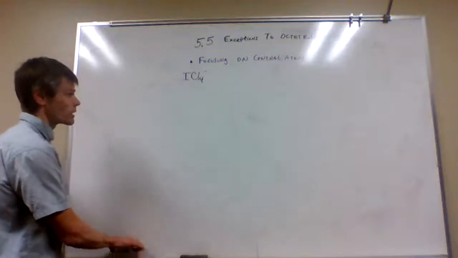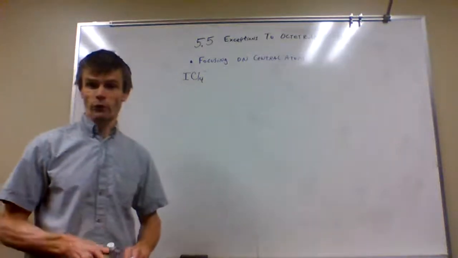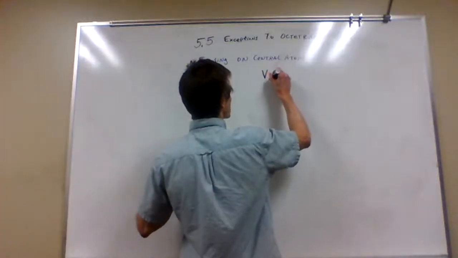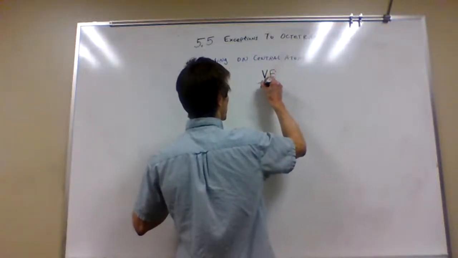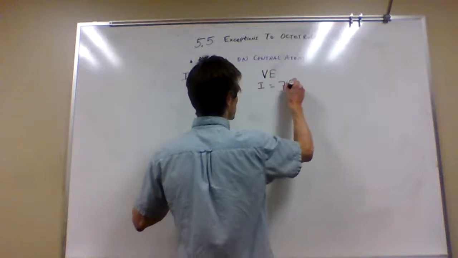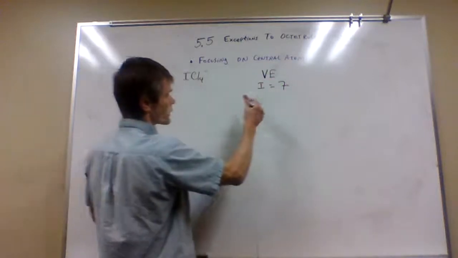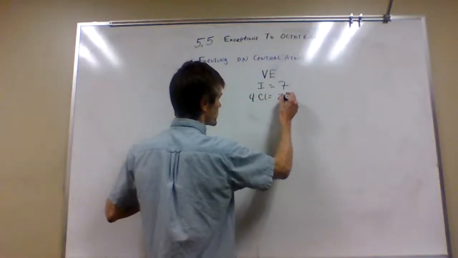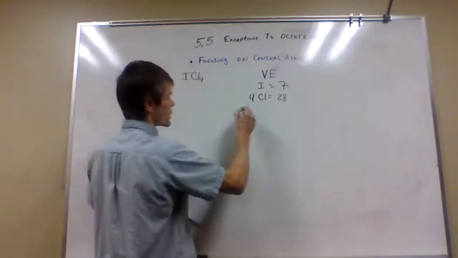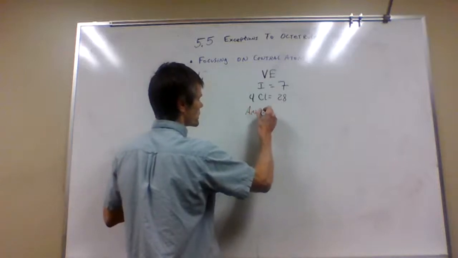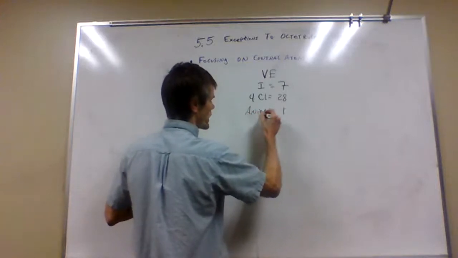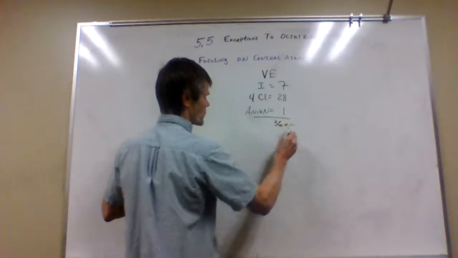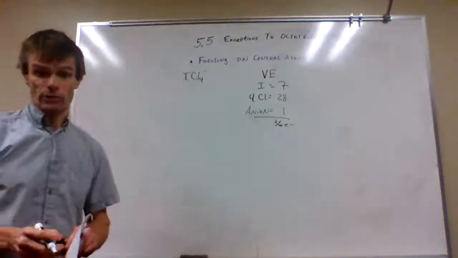It has a negative charge. Let's write the Lewis structure for it. We take into account our valence electrons. Iodine has 7. There are 4 chlorine. Each chlorine also has 7. And it's a negatively 1 charged anion. Negative 1 charge tells us we have 1 additional electron. We have 36 electrons to work with.